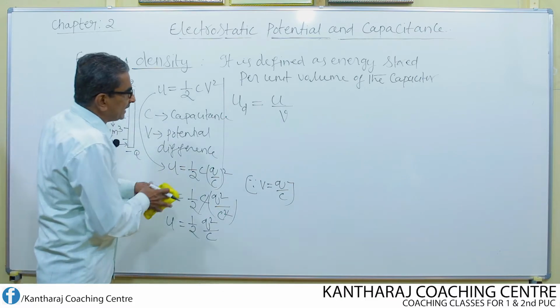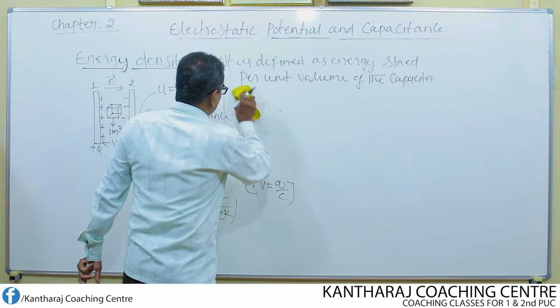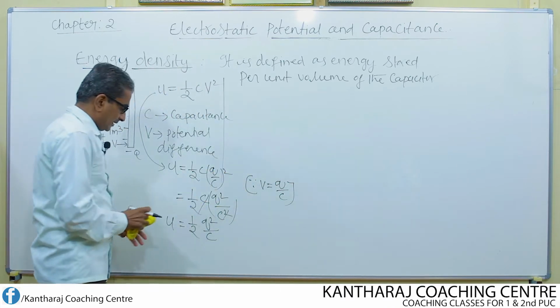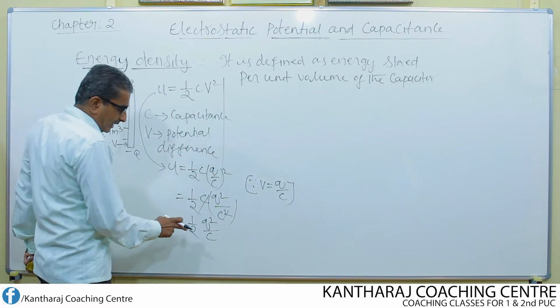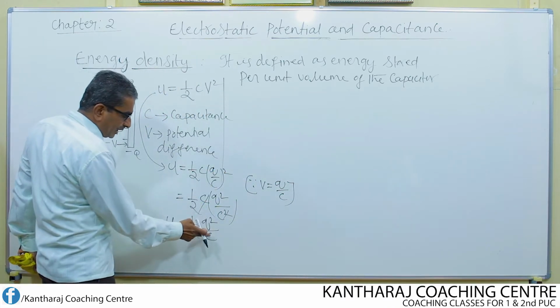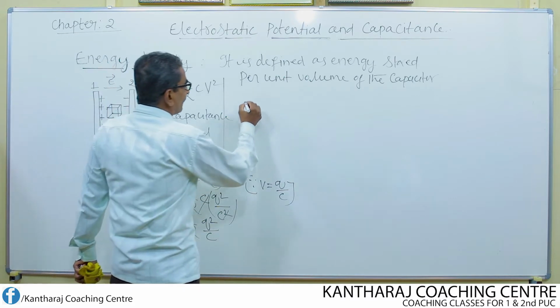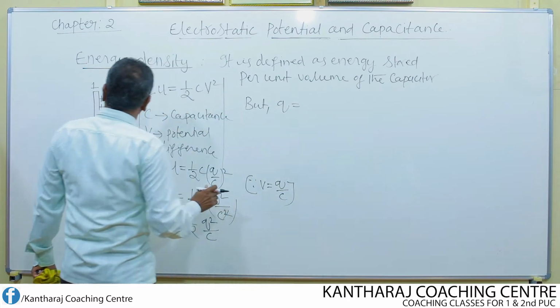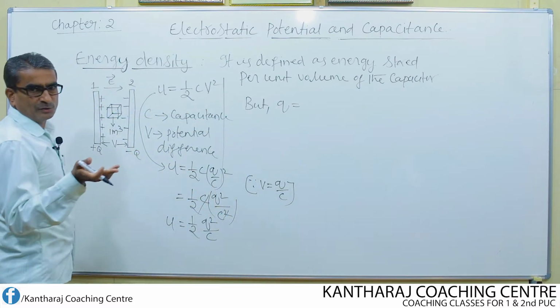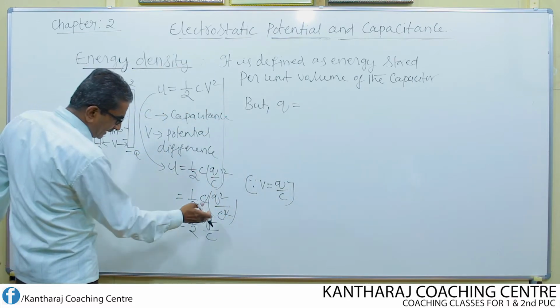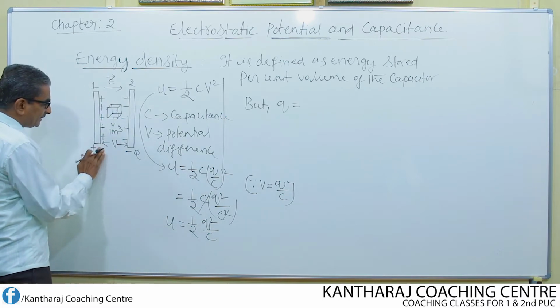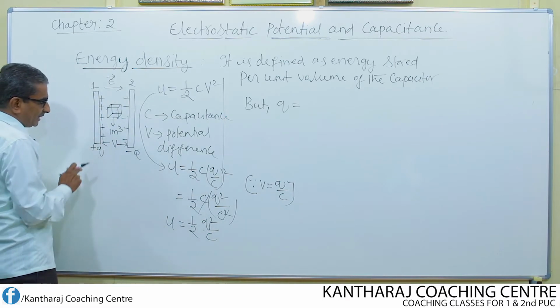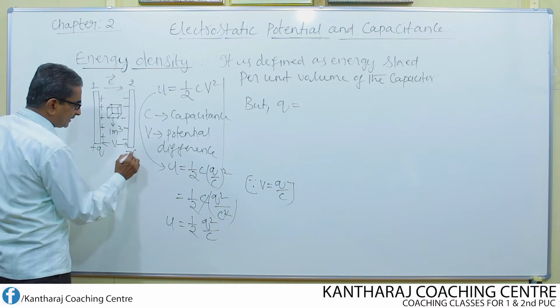Now let us proceed ahead. Now I make the substitution to Q as well as to C. I can make use of either small q or capital Q. Since I am using small q, I represent the charge on this plate as plus q and this as minus q.